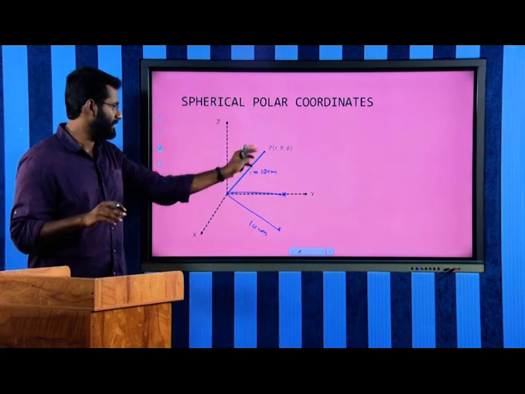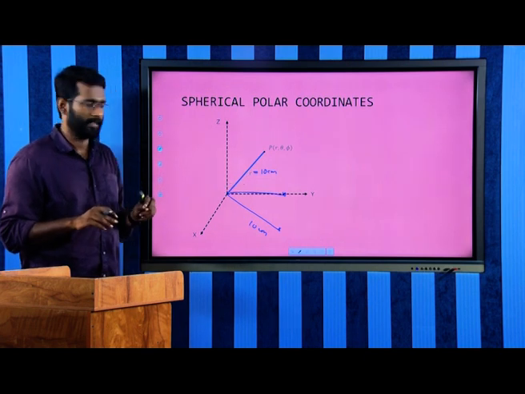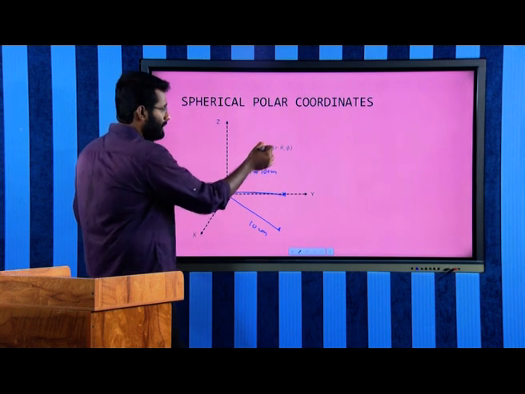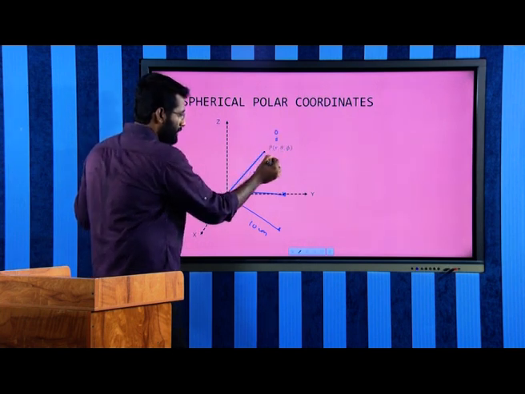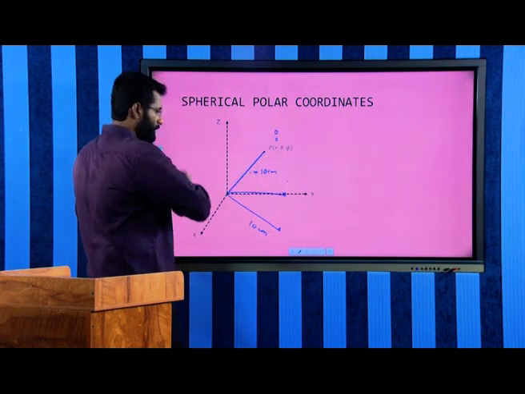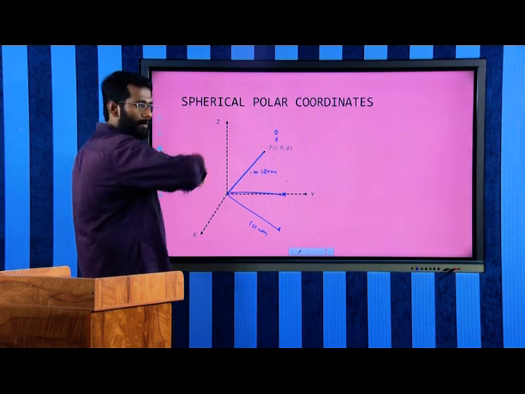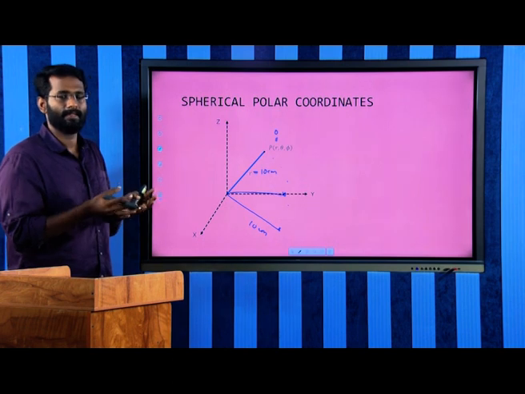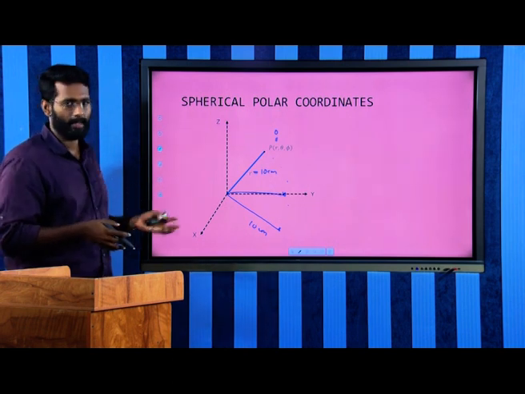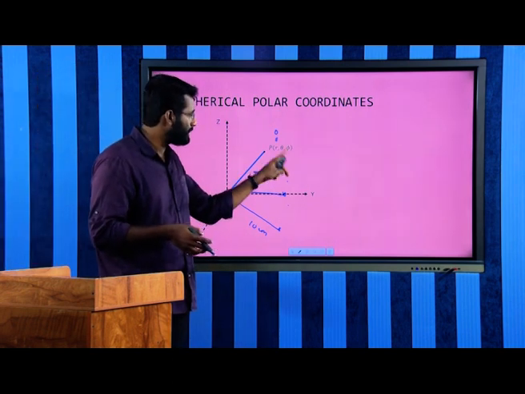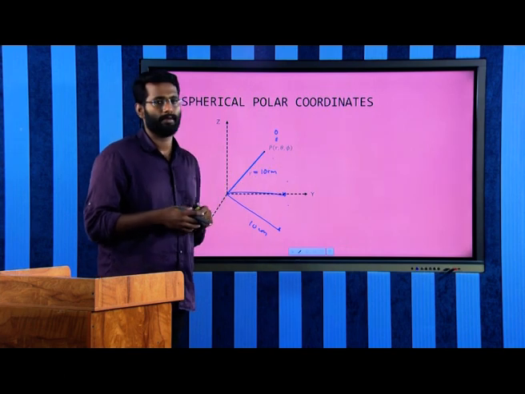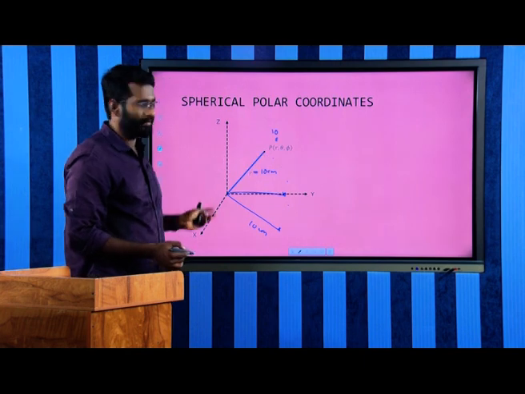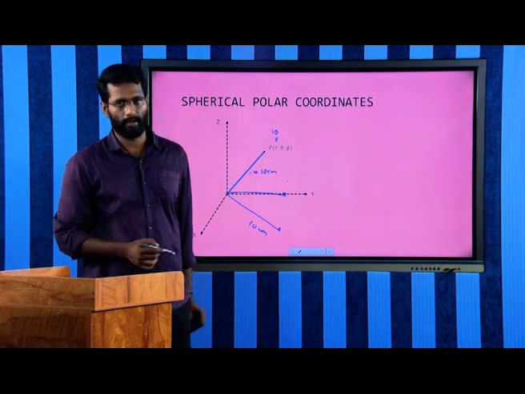If I fix the coordinate r equal to 10 centimeter, then all the points with r equal to 10 centimeter, that means here, here, here, here, you can take not a circle, a sphere in 3 dimensions. So, r equal to constant will make a sphere. If you are allowed to change the other two and keep r constant, then you will get a sphere. That is why we call it the spherical coordinate system.